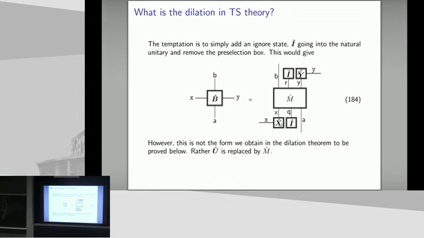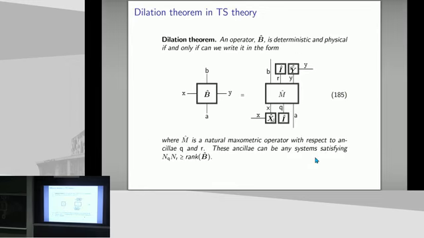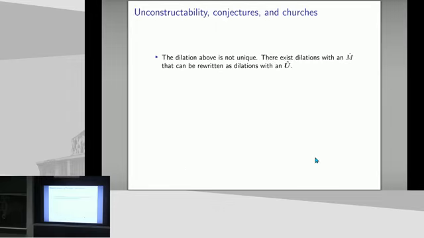So the theorem is that any operator is deterministic and physical if and only if we can write it in this dilated form where we have a maxometric operator there in the center. Okay. And there's a few things to say about that.